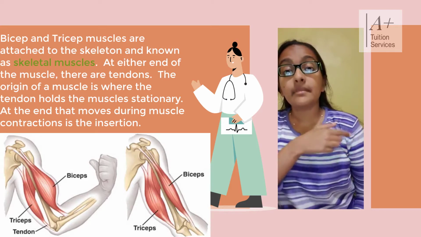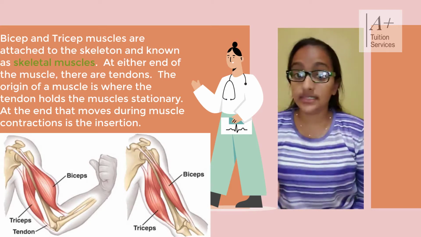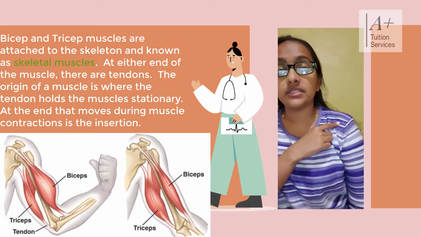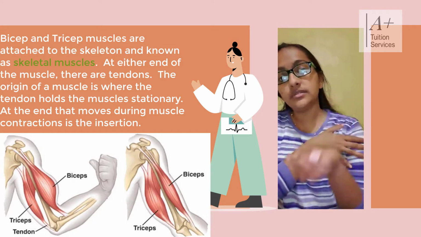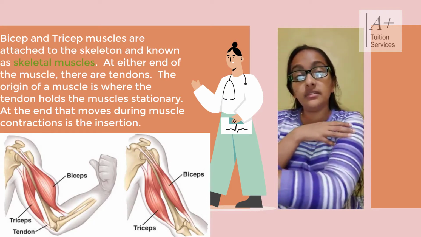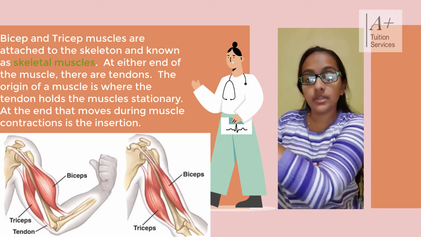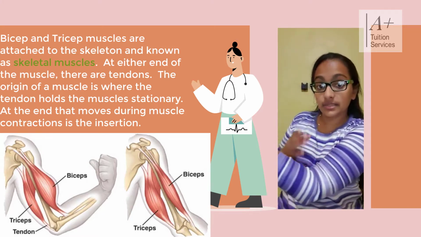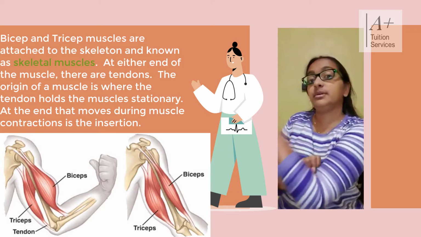So if we take our biceps, for example, it attaches here, but this bone does not move to produce movement of the forearm, so this is its origin. Then the other point where the bicep attaches here is the insertion, and this is responsible for the movement.